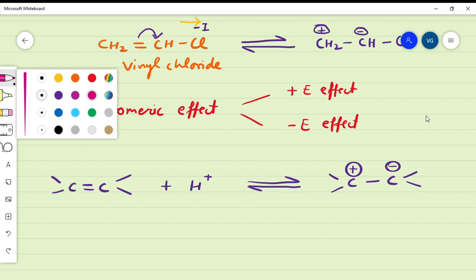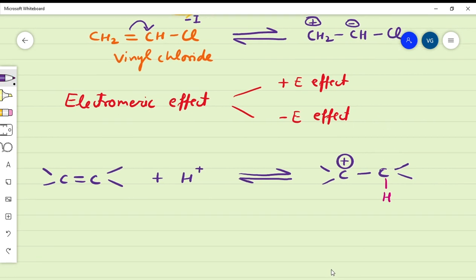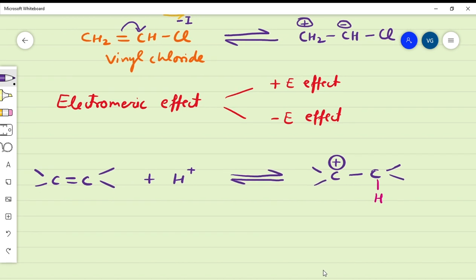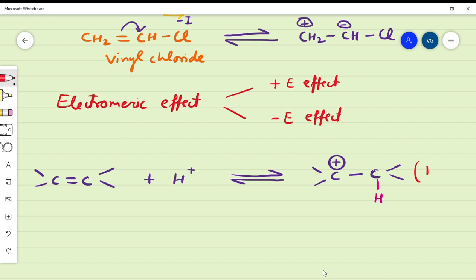Now we know dissimilar charges attract, so the proton is getting attached here. Now I have to remove this negative charge from here, and we are getting a product which has a positive charge, or I should say it is a carbonium ion. So this is the example of plus E effect.